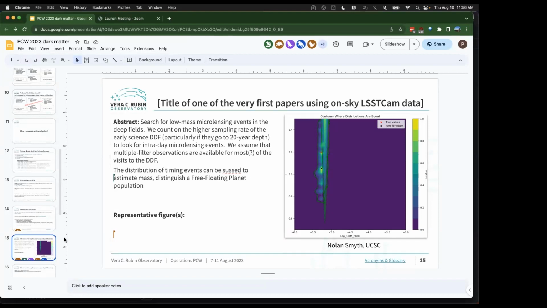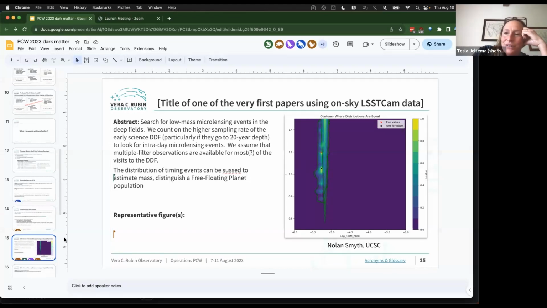Tesla has a comment. Oh yeah, I just wanted to say I had just talked to Nolan and Will about the free-floating planets thing a couple days ago. On that in particular, that's different than PBH, of course. Non-galactic fields are fine, but you'd need a galactic field.